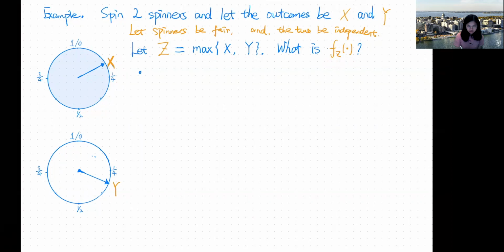Well, from previous discussion, we have learned that if the spinners are fair, then the density of X and Y are the same, and they are both equal to 1 when the value is on the 0, 1 interval and 0 elsewhere.